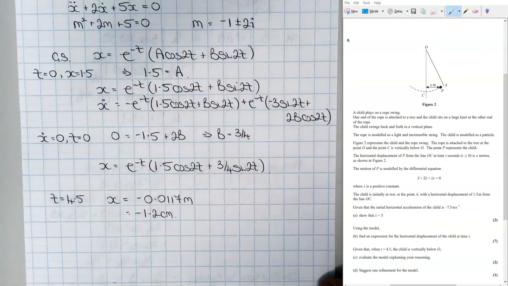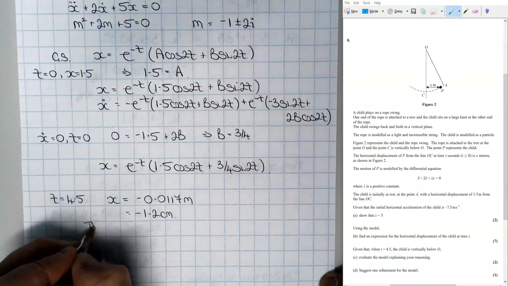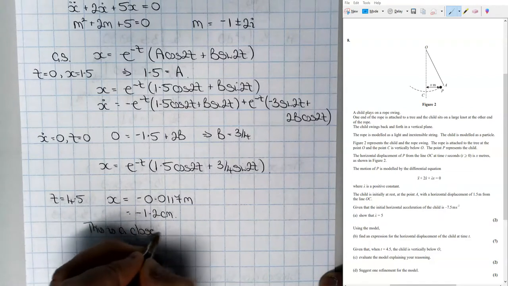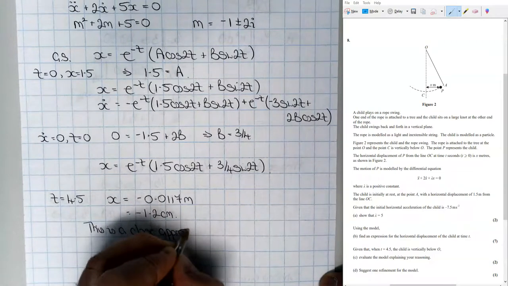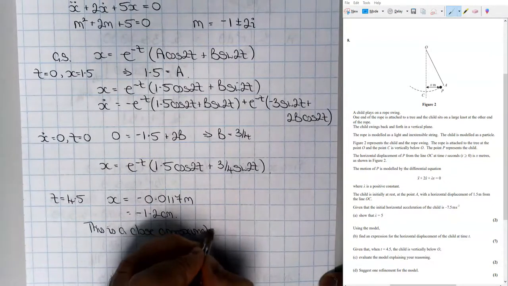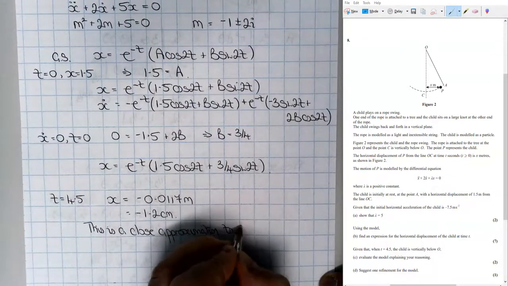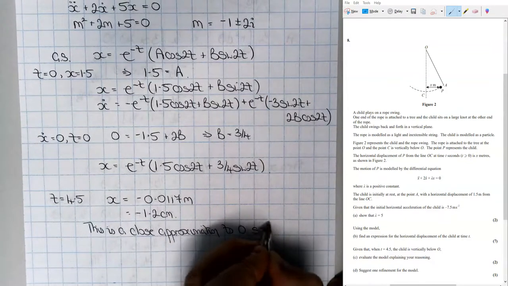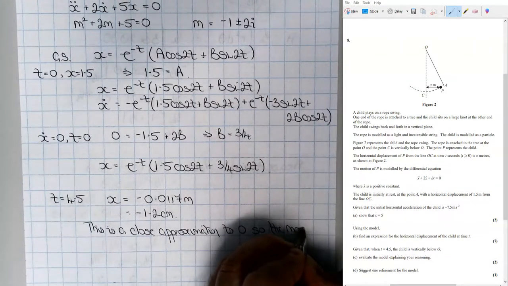And it says evaluate the model. You'd say this is a close approximation to 0, so the model is reasonable.